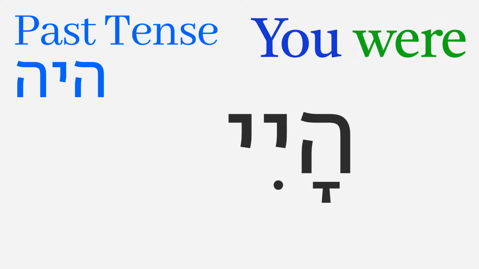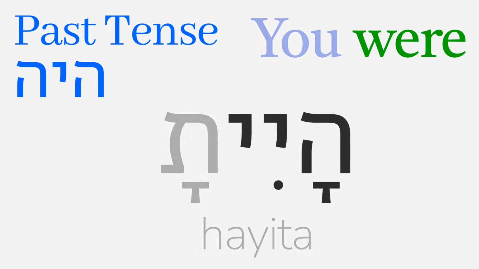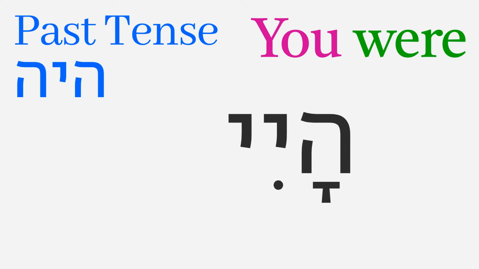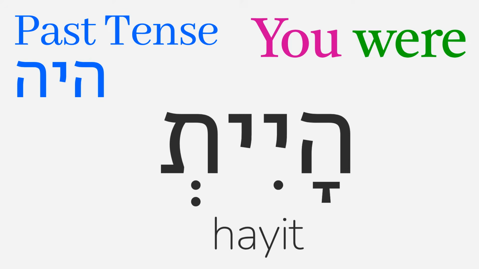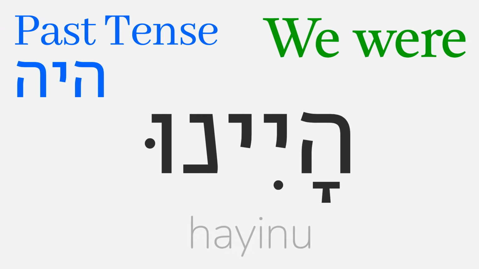The ata, you masculine singular form, with the ta ending, hayita, you were masculine singular. The at, you feminine singular form, with the t ending, hayit, you were feminine singular. And the anachnu, we form, with the nu ending, hayinu, we were.